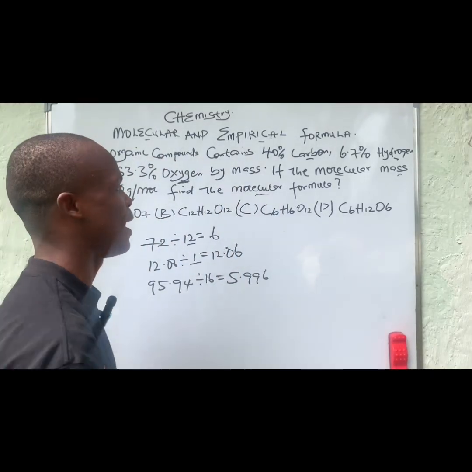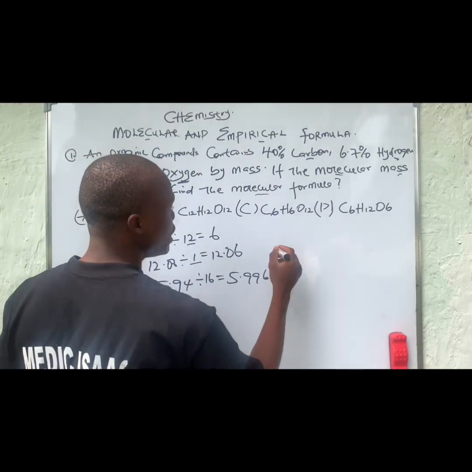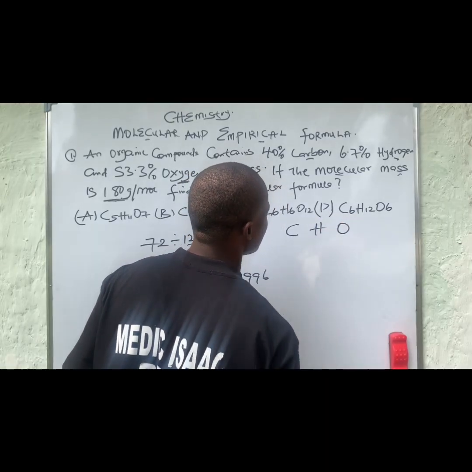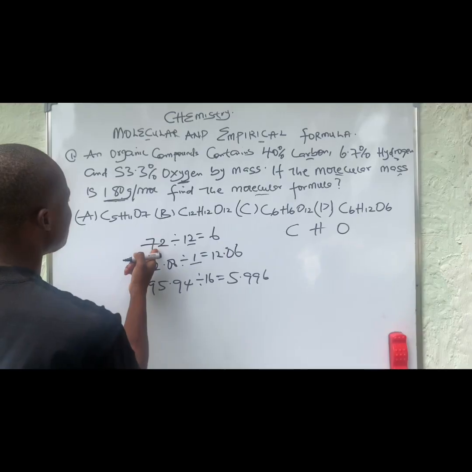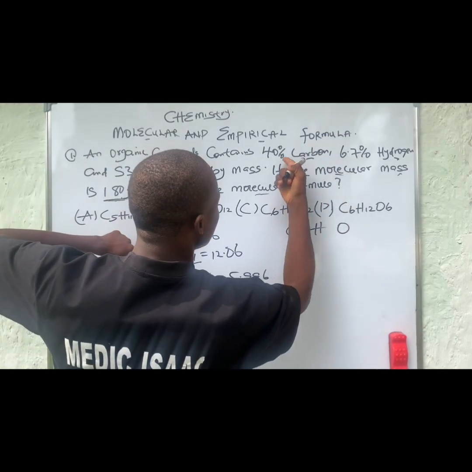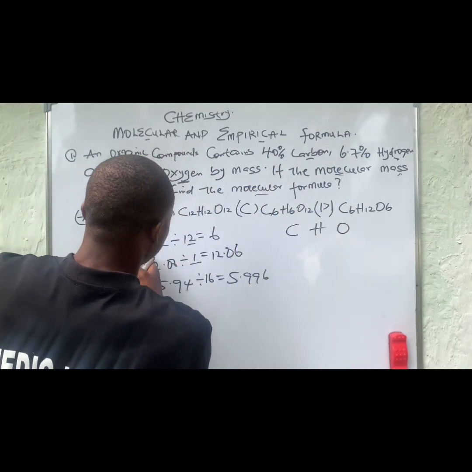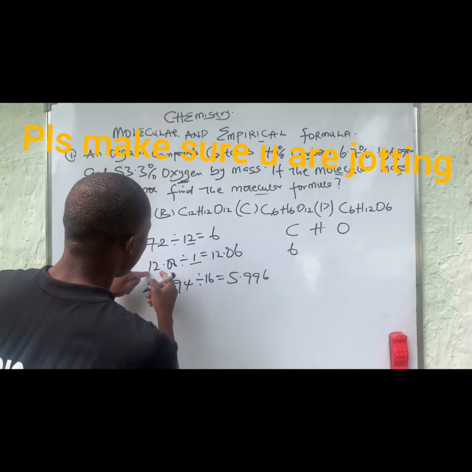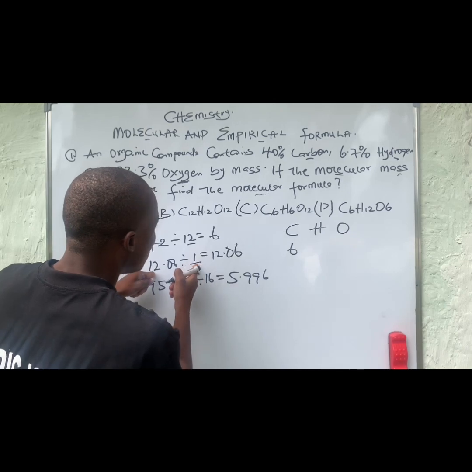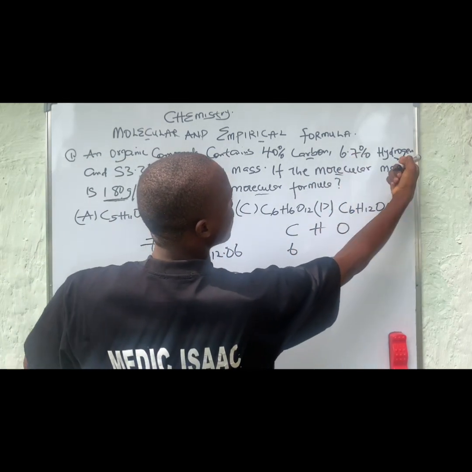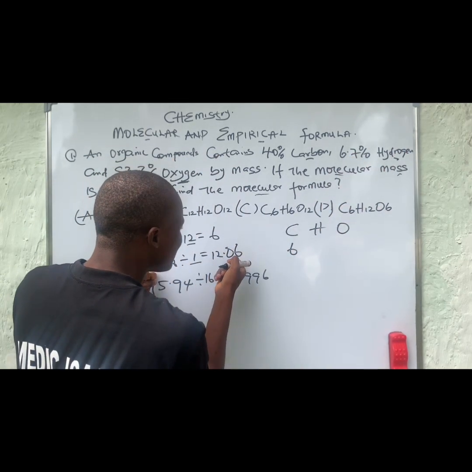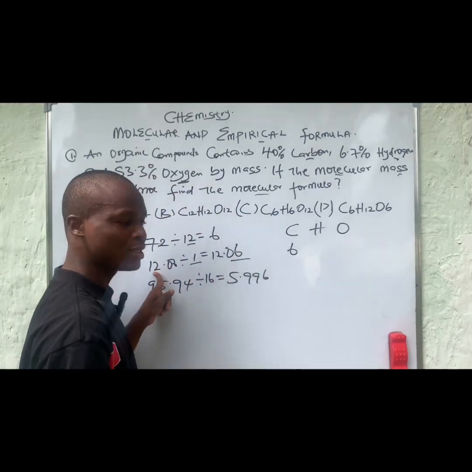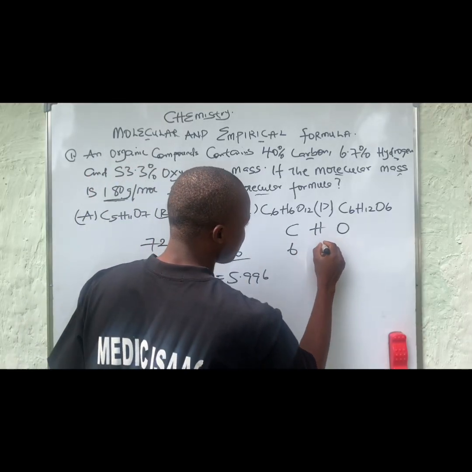Now, the next thing you are going to do, which is very simple, is that because you have gotten your answers, bring down the elements they gave, which is C, H, and O. Carbon is 6. Hydrogen is 12.06, but in this scenario you are going to remove the decimal and just put 12.